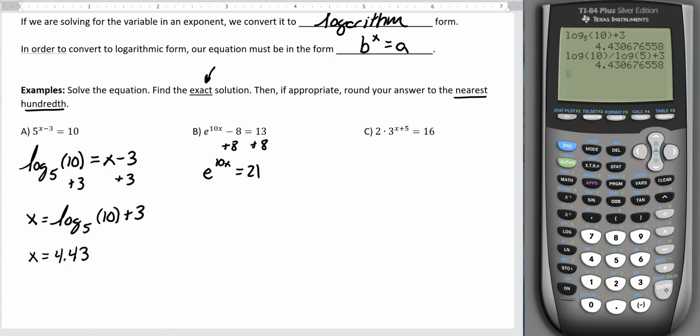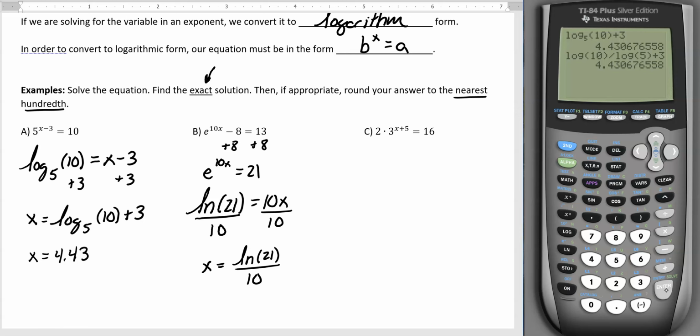So now that I have the base isolated, I am set to the b to the x equals a. I can convert this to a logarithm. Remember, if our base is e, it's the natural log. So we'll have the natural log of 21 equals 10x. And all I need to do to get x by itself is divide by 10. So x will equal the natural log of 21 divided by 10.